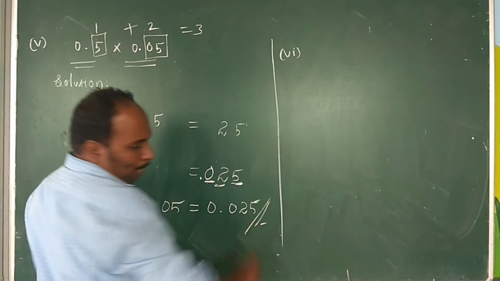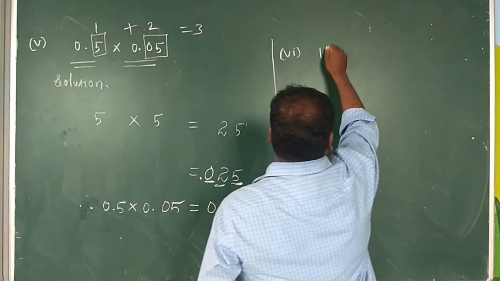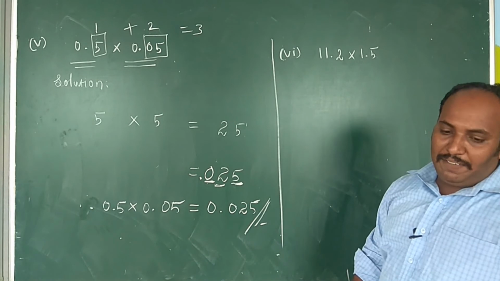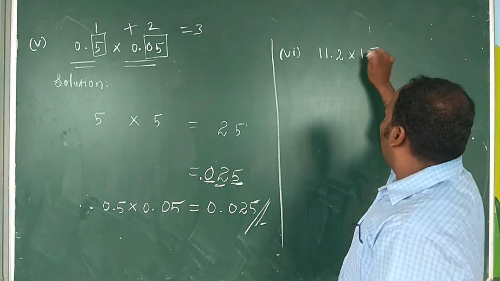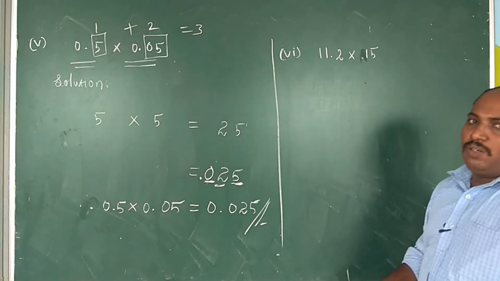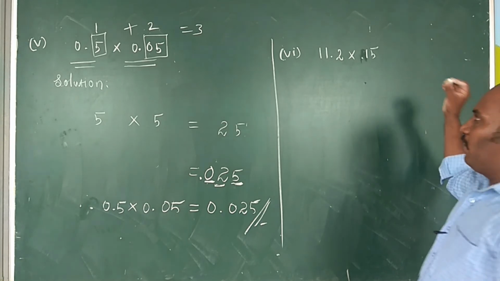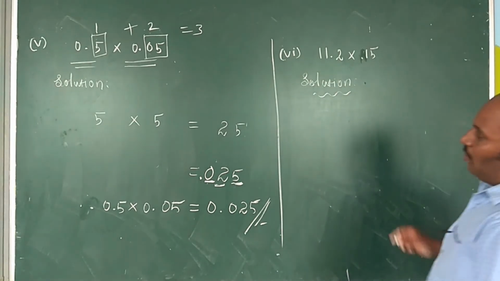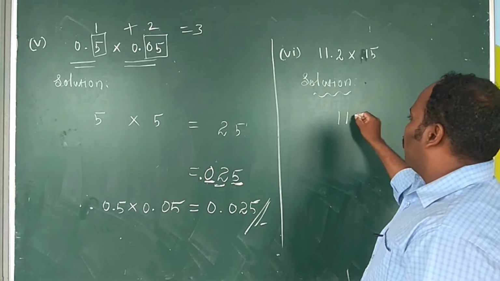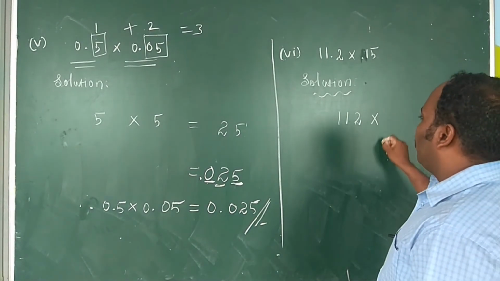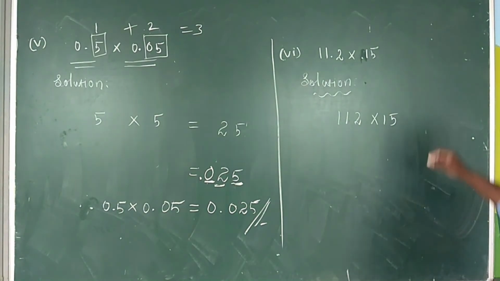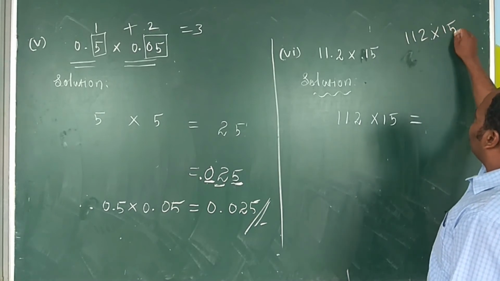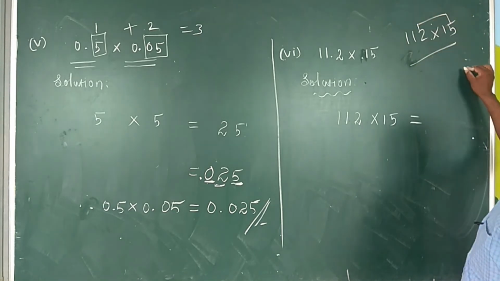Next one, 6-1: 11.2 into 0.15. We multiply without decimals: 112 into 15. 5 2s are 10.